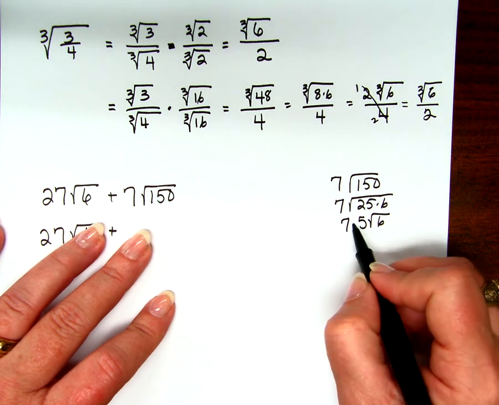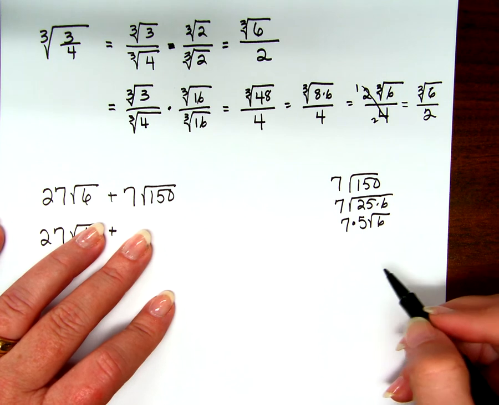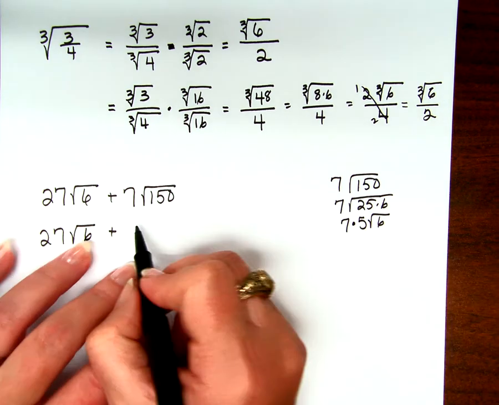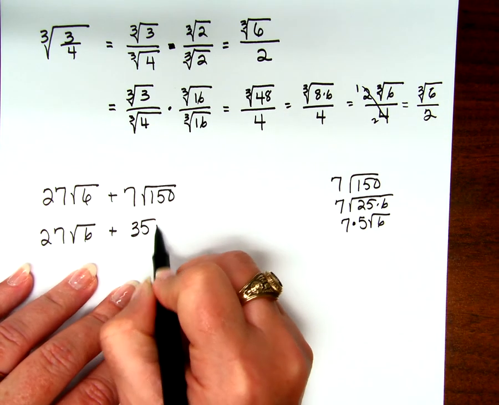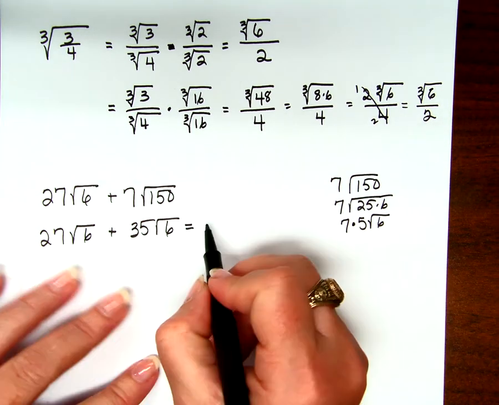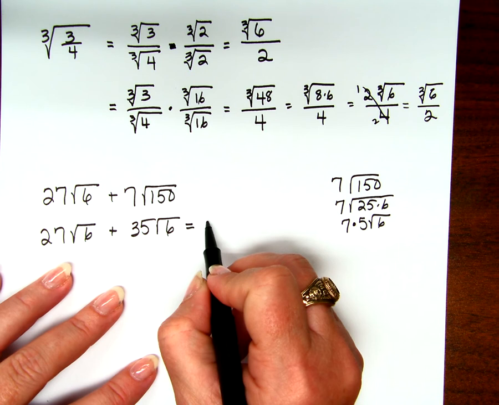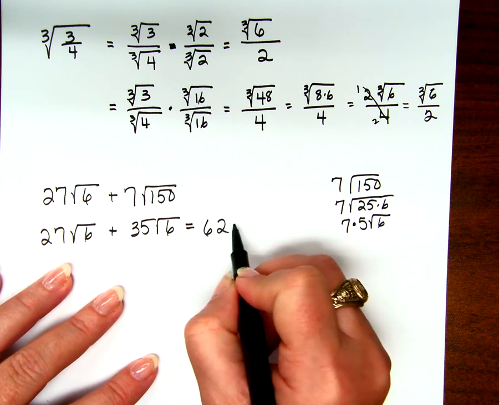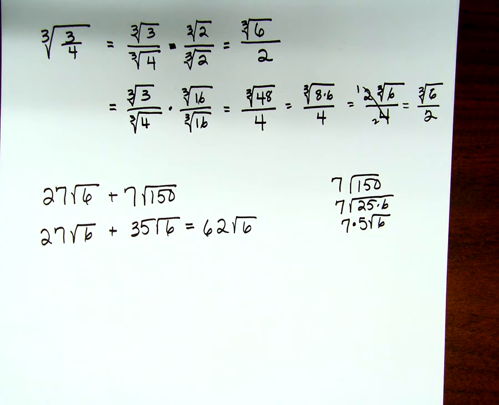Oh, no, that's ridiculous, isn't it? I multiply them, don't I? So what does that become? 35 root 6. Is that something I can now add? What do I get? 62 root 6. Done. Got it?